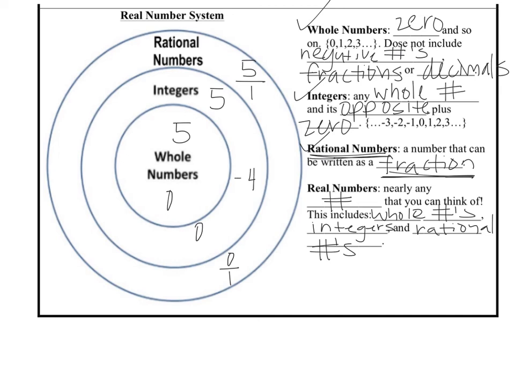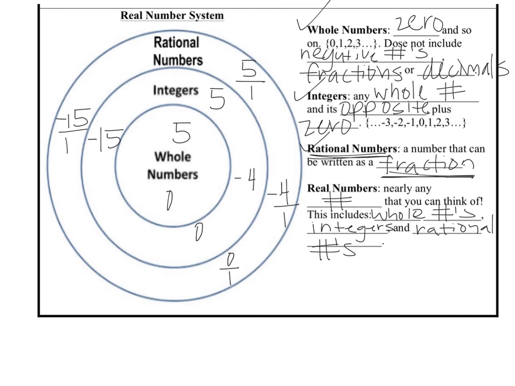Okay, if it is an integer, it automatically gets to be a rational number. So -4 over 1. Let's do another one, -15. Well, -15 is not a whole number, but -15 is an integer, automatically making it a rational number. So -15 over 1.